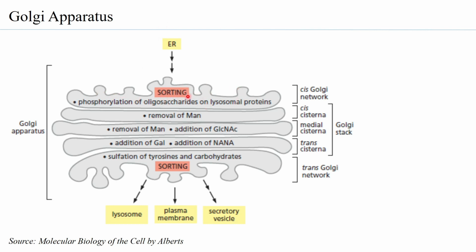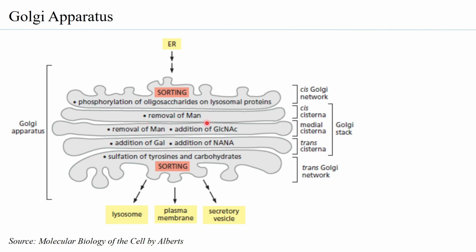Also, the sorting is done in such a way as to determine what kind of changes the protein has to undergo. As you can see over here, in the first part of the Golgi, the phosphorylation of oligosaccharides is carried out, and that too specifically on lysosomal proteins. In the second cisternae, you have removal of mannose.